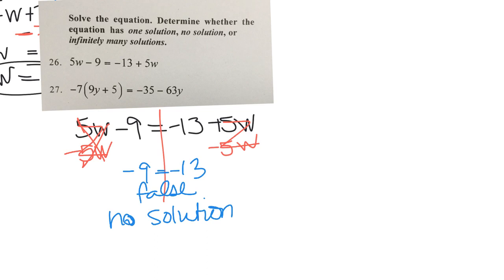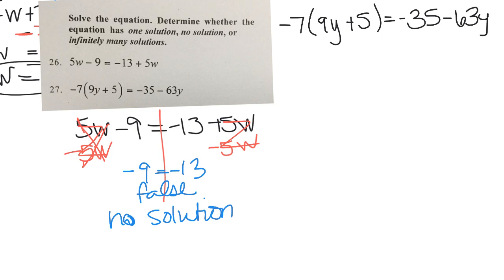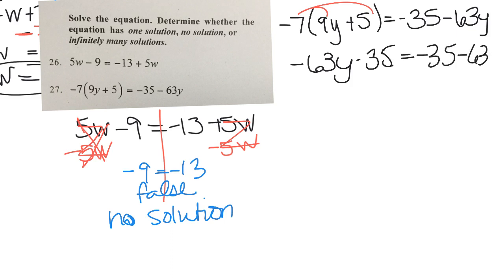Let's look at number 27. Negative 7 times 9y plus 5 equals negative 35 minus 63y. So I'm going to distribute my negative 7. I get negative 63y minus 35 equals negative 35 minus 63y.